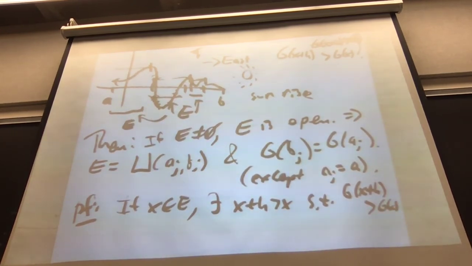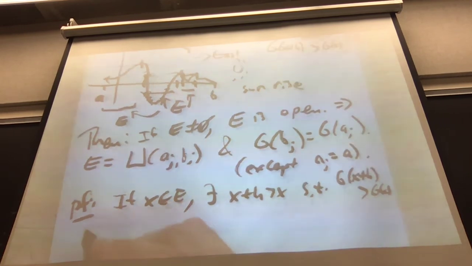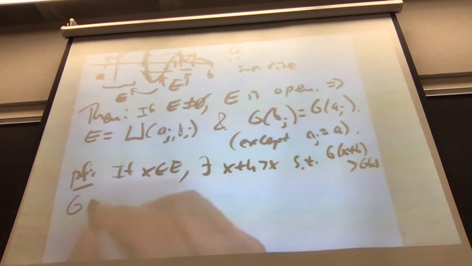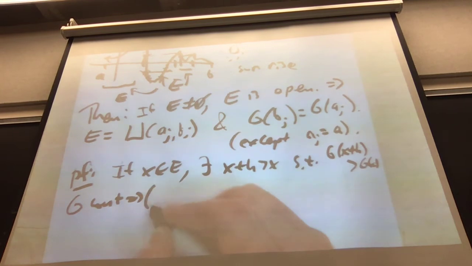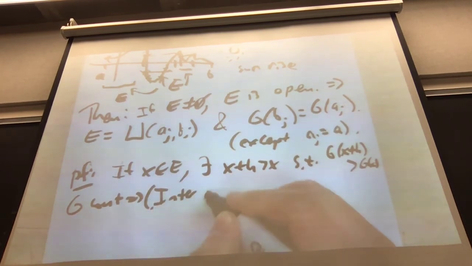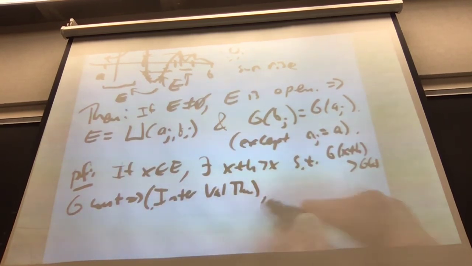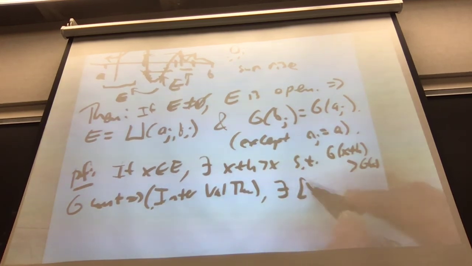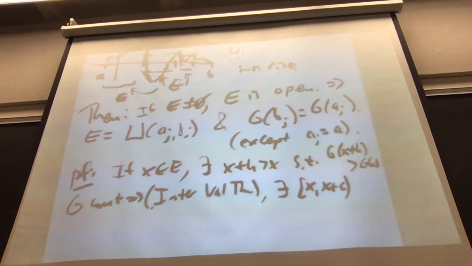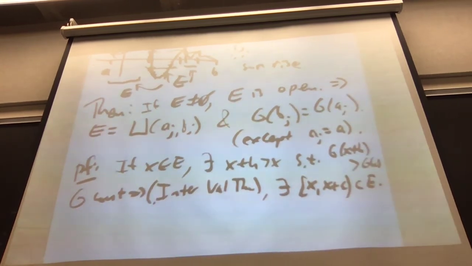So g is continuous, which implies by the intermediate value theorem that there exists an interval x, x plus epsilon contained in E. Okay, now let's extend that interval as far as possible.